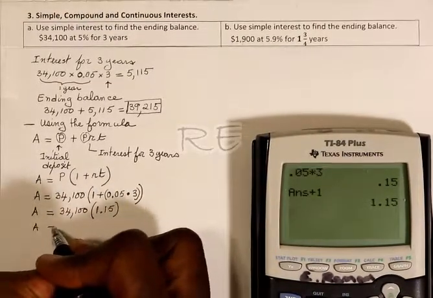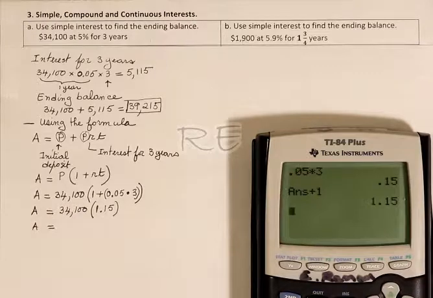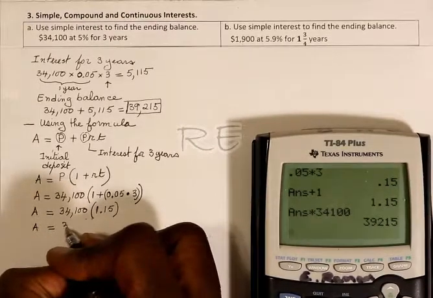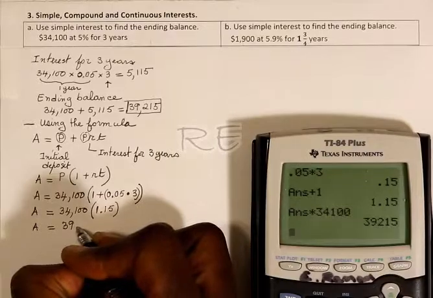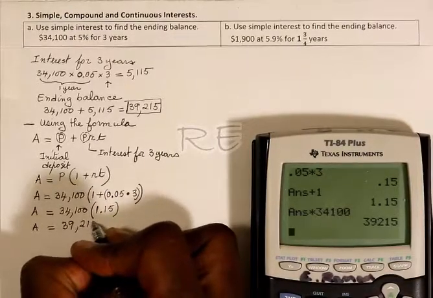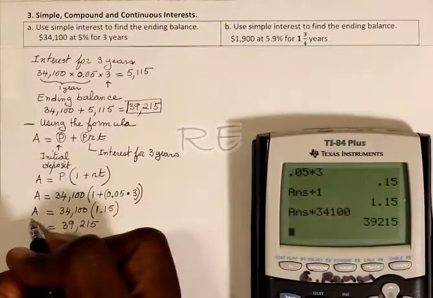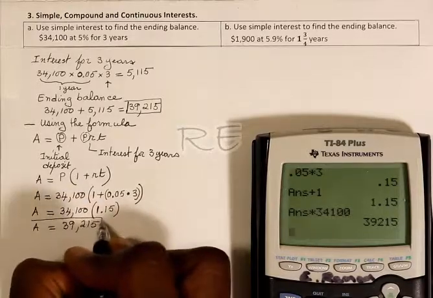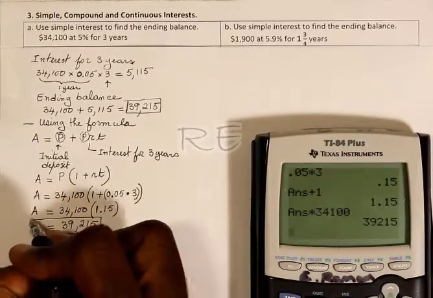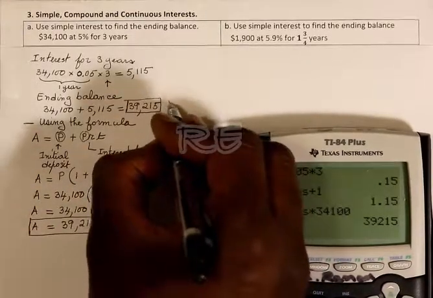A is equal to 34,100 multiplied by 1.15, we get 39,215. As you can see, those two answers are the same.